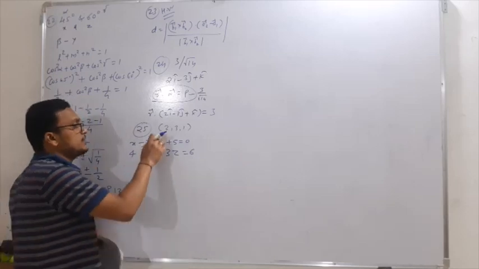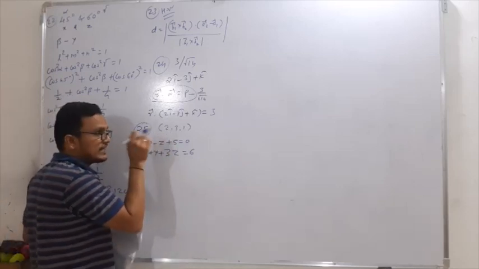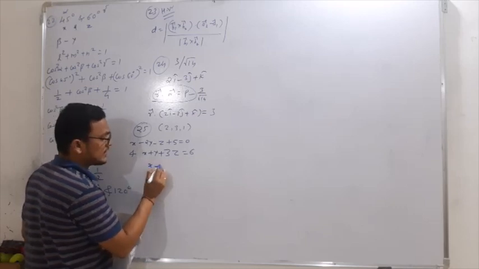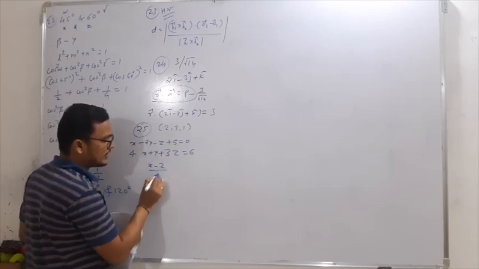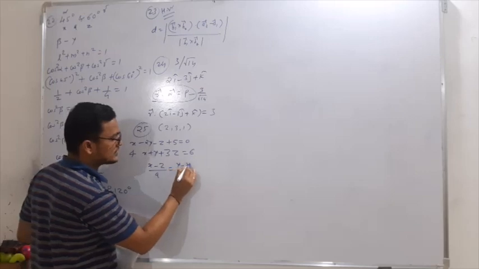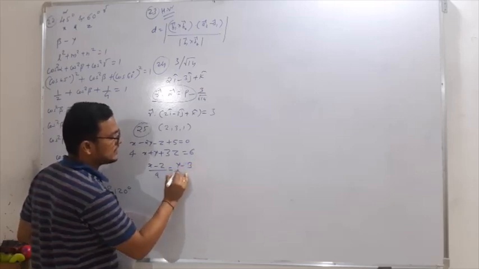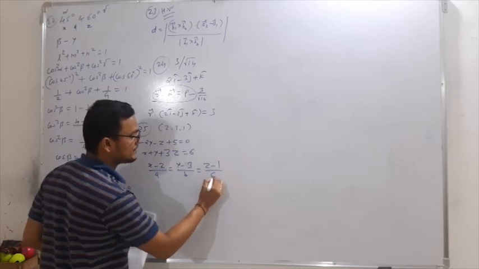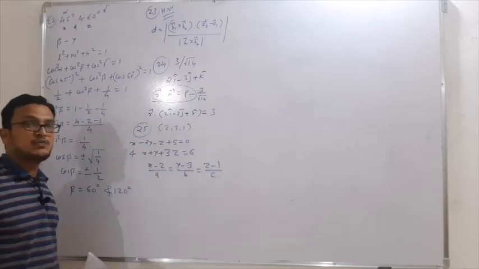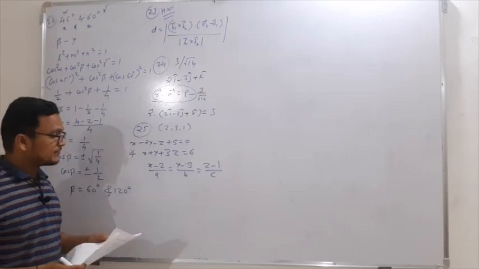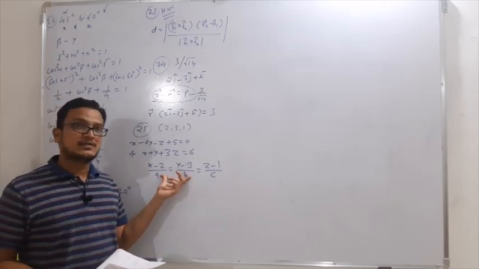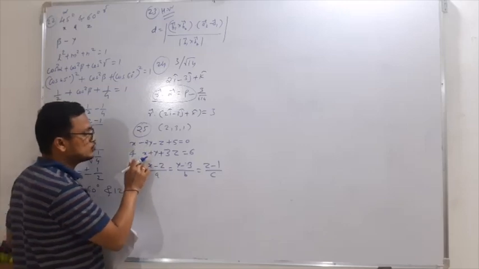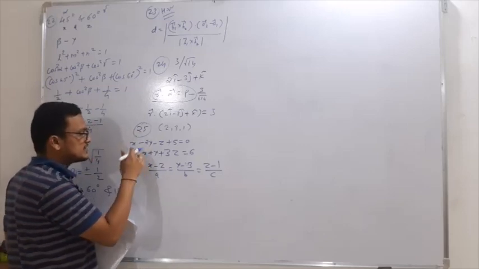See, equation of a line passing through this one point. When the line is passing through one point, what is the equation then? x minus x1, x1 is 2, divided by a, is equals to y minus y1, y1 is 3, divided by b, is equals to z minus z1, z1 is 1, divided by c. So this is the equation now. Again, what they have given is that this line will be parallel to the two planes. So what are those planes? I will write these planes in another form.